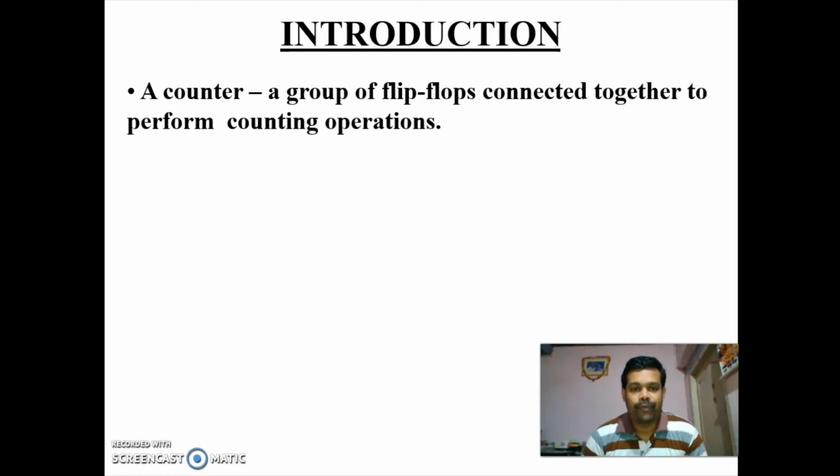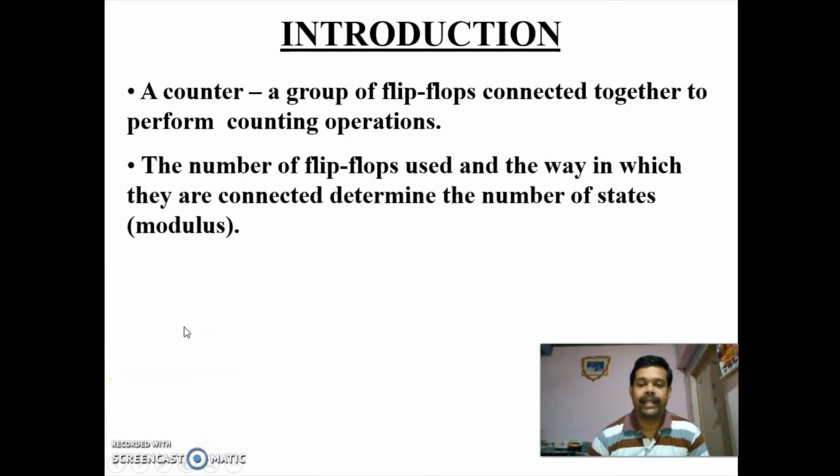Usually a group of flip-flops is called a register. So a counter is a register, a group of flip-flops connected together to perform counting operations. It will count the input clock pulses, that is, the number of clock pulses coming into the input. The number of states of the counter is determined by the number of flip-flops used and the way in which they are connected.